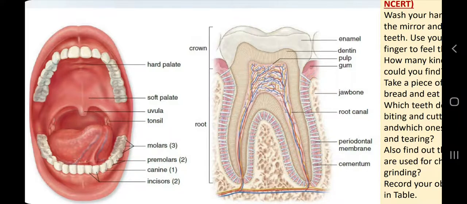You can note down in your notebook how many types of teeth and how many teeth you have. If you see yourself in the mirror, you will be able to differentiate the types of teeth. Your upper jaw and your lower jaw have different types of teeth, and each type may have 1, 2, 3 or 4 teeth. You have to discover that.